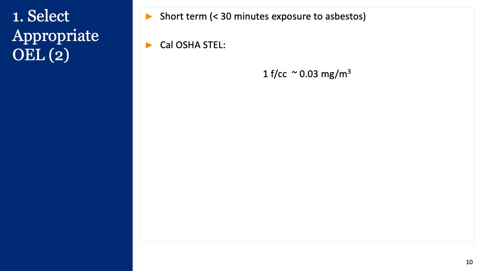Since this is a short-term exposure and we are asked to look at the exposures when the administrative assistant spends less than 30 minutes in this work environment, we can apply the Cal OSHA short-term exposure limit of 1 fiber per cc, which roughly corresponds to 0.03 milligrams per cubic meter.